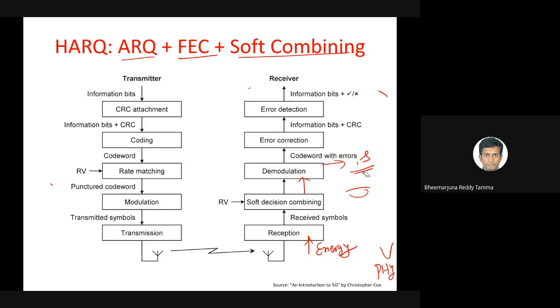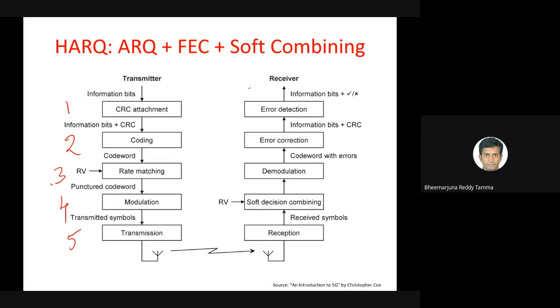Okay, let me show you again where all these 3 things play a role in this physical layer process. So can somebody tell me which are the blocks that do ARQ aspects here? Here I have entities, right? So 1, 2, 3, 4, 5, 6, 7, 8, 9, and 10.